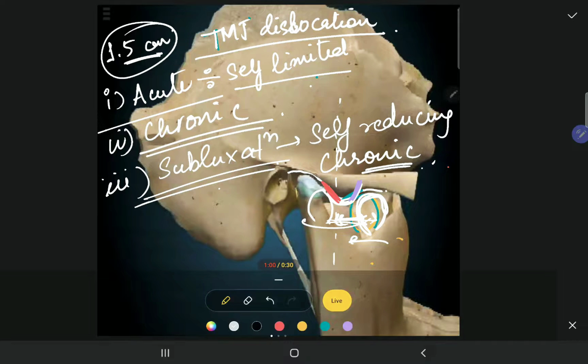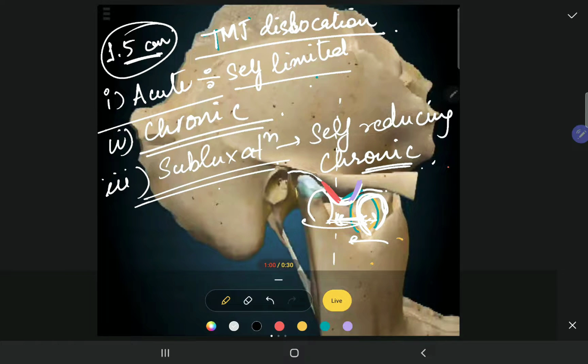The patient gets the condyle back to its normal position on its own, but it is occurring multiple times. This subclassification of TMJ dislocation is what we call the subluxation. The reason can be, say, if the capsule is weak or if there is trauma, the dislocation can occur.